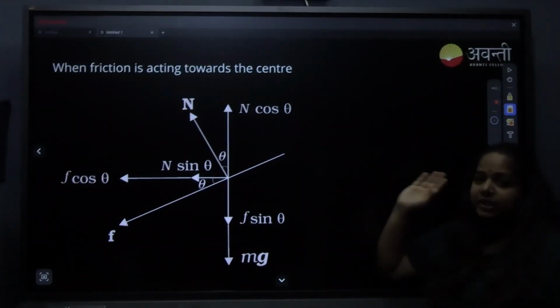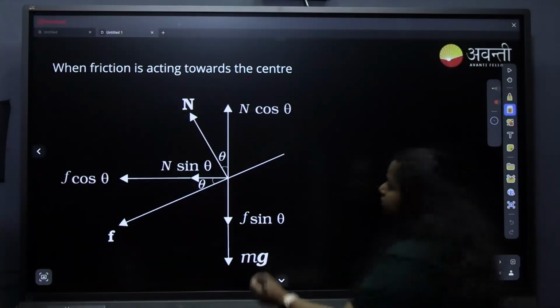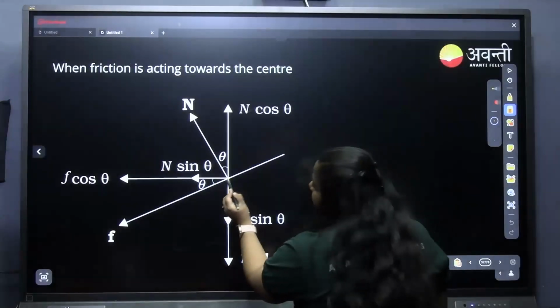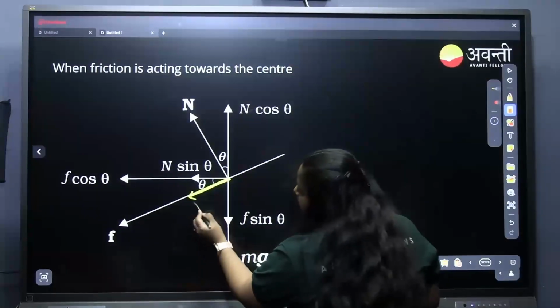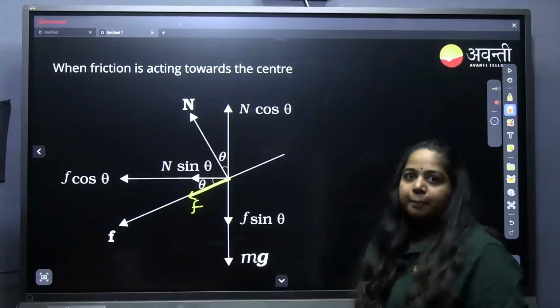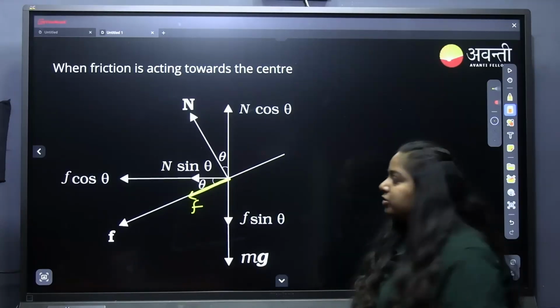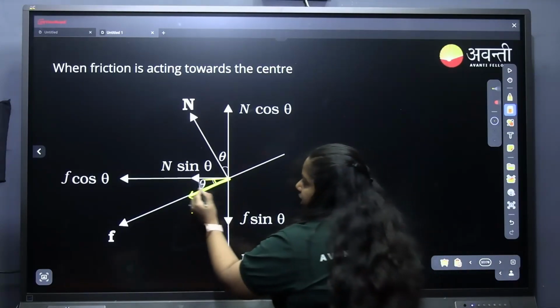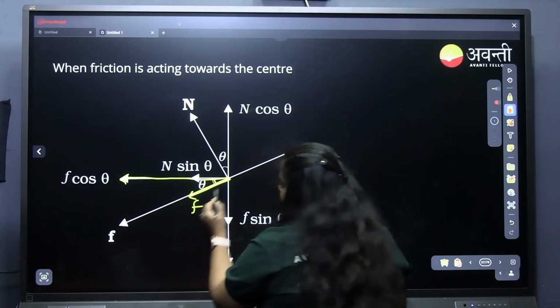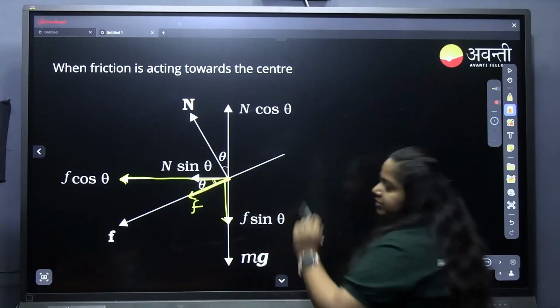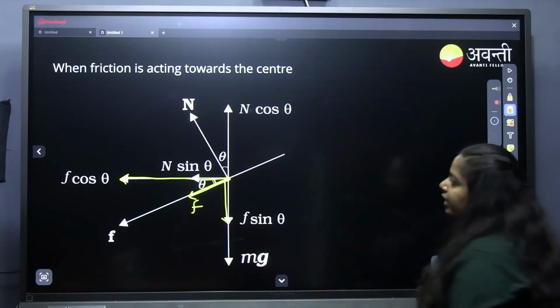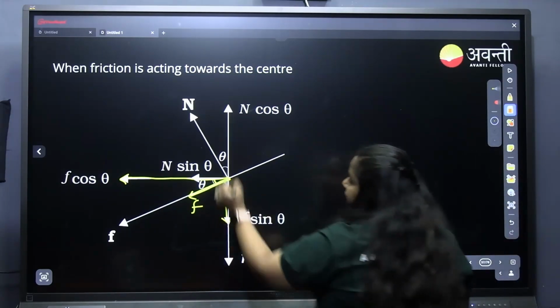Next case, when friction is acting inwards, towards the center. This is the direction of our frictional force. Now we are finding components of friction. Since this is theta, in this direction there is f cos theta, and in this direction f sin theta. And n sin theta, n cos theta also.